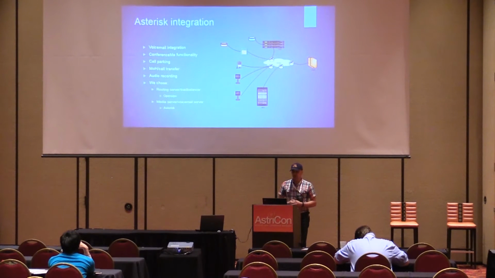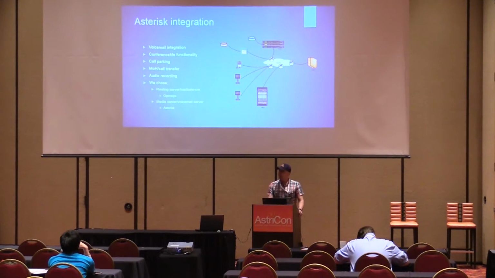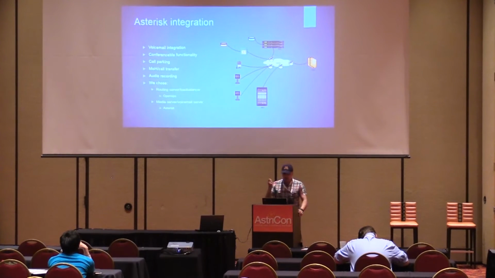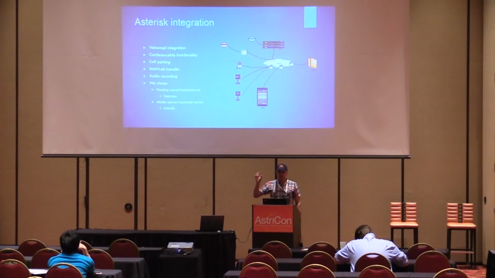We had to sign a development agreement to get access to the API, because the database on the VCS side is basically closed. To get access through the API, you have to sign a non-disclosure or development agreement with the vendor.